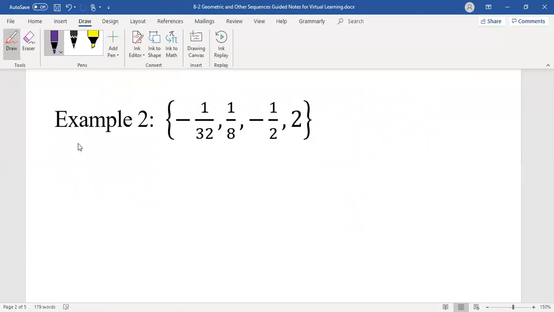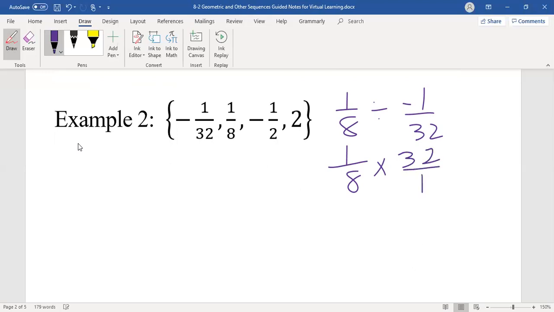This was a little bit different because of the fraction. But again, we're trying to find the 5th term. So we're going to do 1/8 divided by negative 1/32. Remember with fractions, keep the first one, change it to a multiplication, and then flip the second fraction, the reciprocal, so 32 over 1 negative.